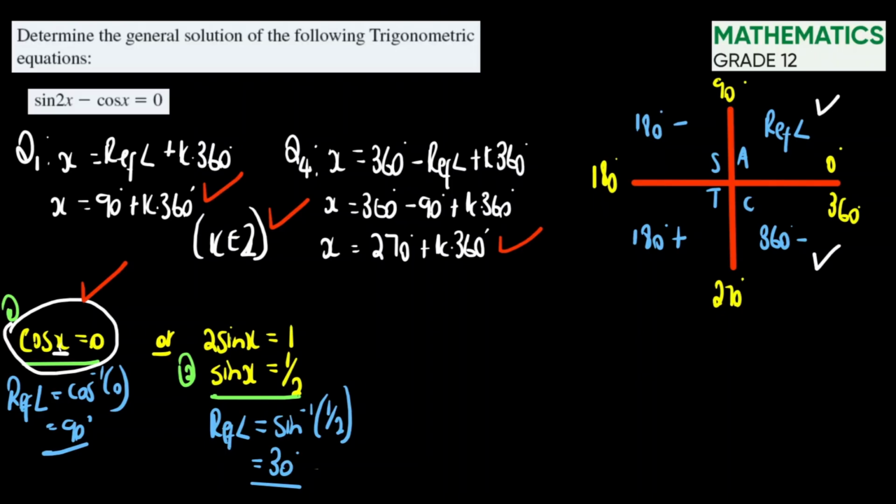For sine, we know that sine is positive because sine of x is equal to a half. It means we look for quadrants where sine is positive, and sine is positive in the first quadrant and the second quadrant.